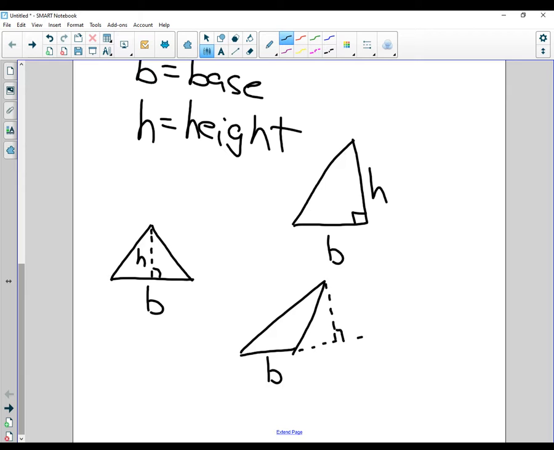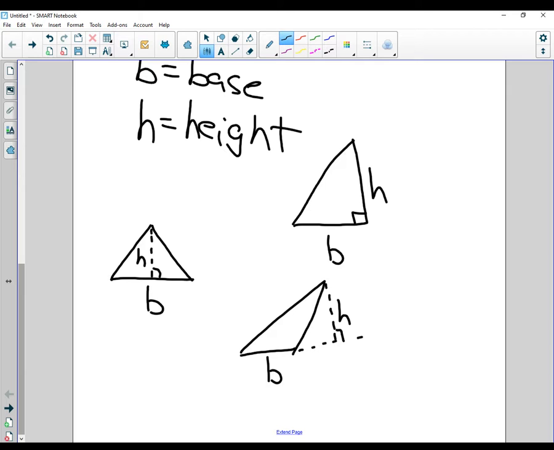So this would be our height right there. Does that make sense of where the height is on a triangle? And then that's really all we need to find the area.